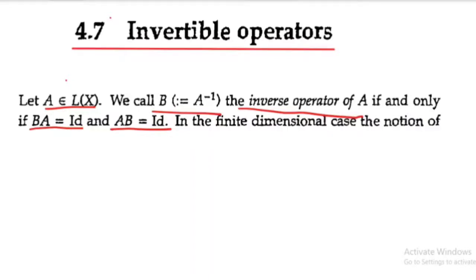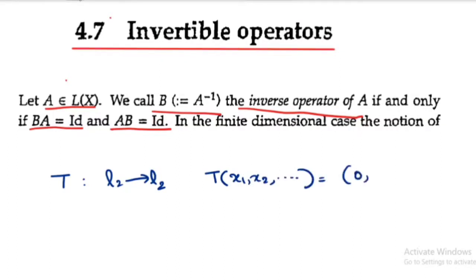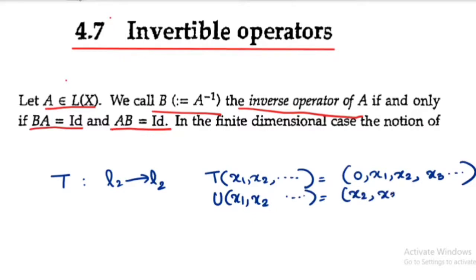Suppose you consider T belongs to L2, T is a map from L2 to L2, such that T of the shift operator x1, x2, etc. is 0, x1, x2, x3, etc., and U of x1, x2, etc. is x2, x3, x4, etc.